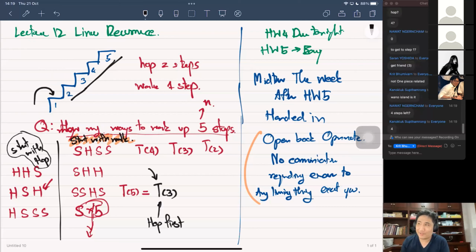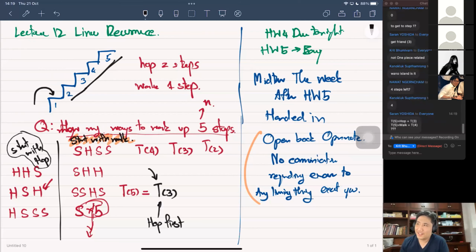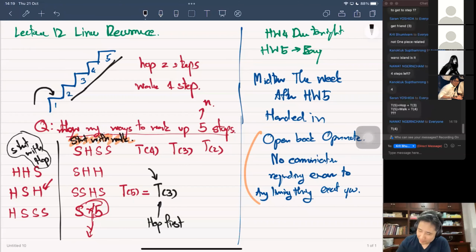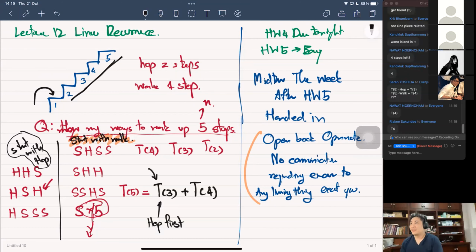So how would you count? Which friend would you pick? Very good, you pick T4. Everyone get it? So the number of ways to walk up 5 stairs is the number of ways to walk up 3 stairs plus 4 stairs.